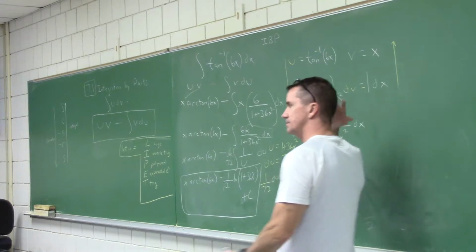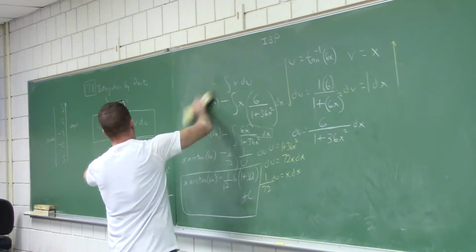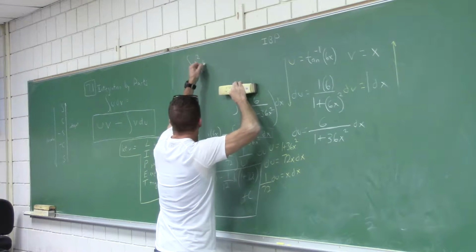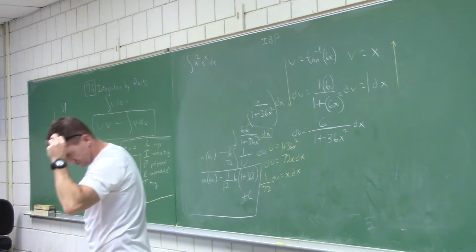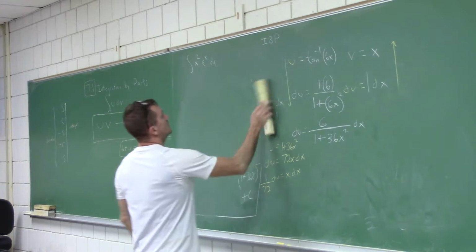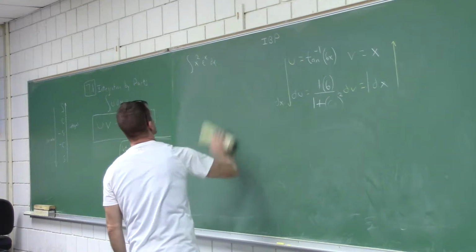So far so good? All right, this is going to be new. It's just going to look weird. This is like number 19. X squared e^x dx.